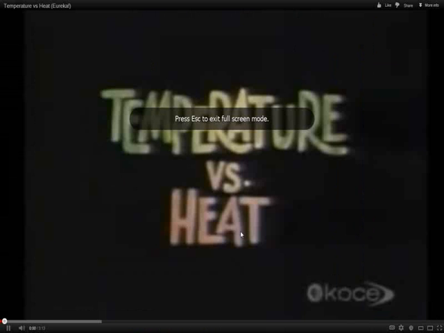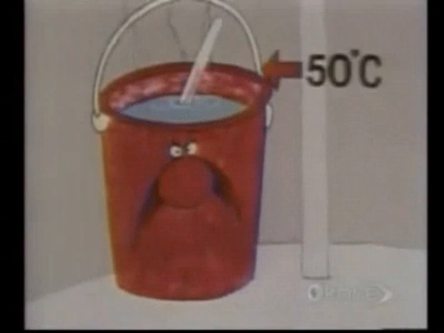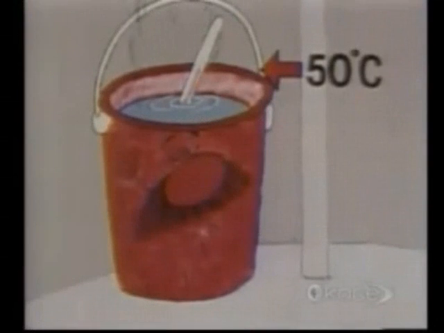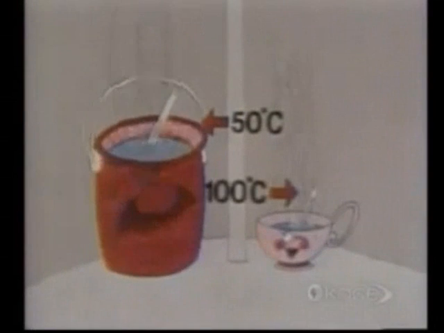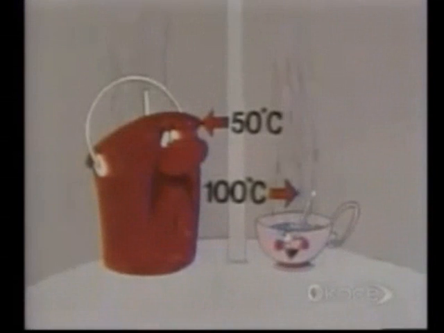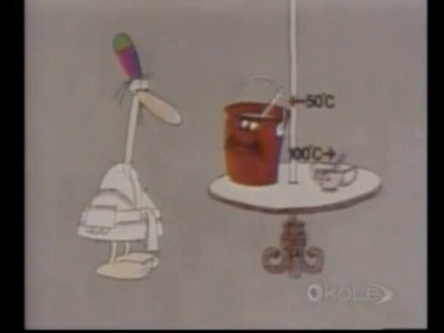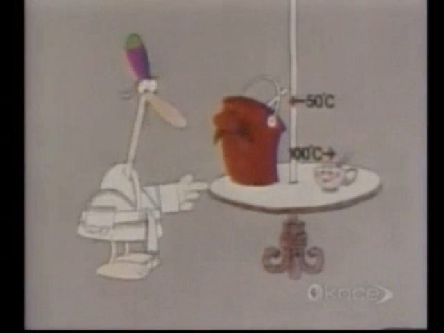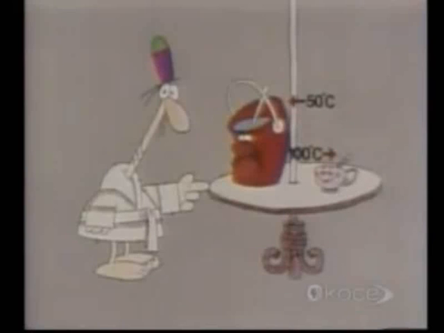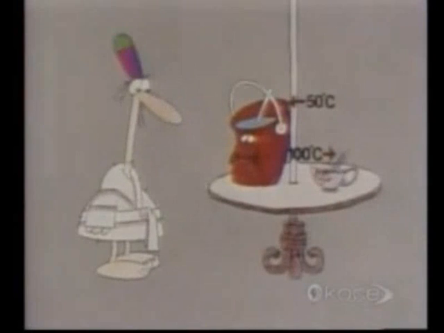Temperature versus heat. Here's a bucket of hot water at 50 degrees Celsius. And here's a cup of freshly boiled water at 100 degrees Celsius. In which of these two containers are the water molecules moving faster? The bucket or the cup? That's right, because the degree of hotness of the water in the cup is much higher than the degree of hotness of the water in the bucket.